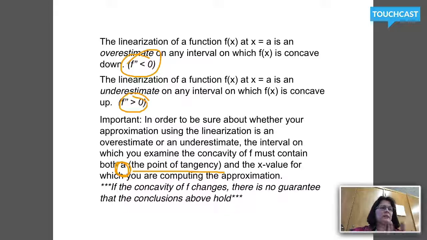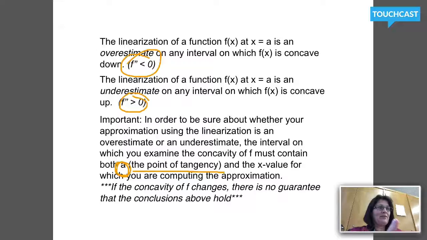So that whole interval between the x value we knew, which is pi over 2, and the x value we cared to compute with later, 1.75, we had to know the concavity on that whole interval. You typically will, but then you're going to have to make a justification later, because I'm going to ask you, is your answer an overestimate or an underestimate?